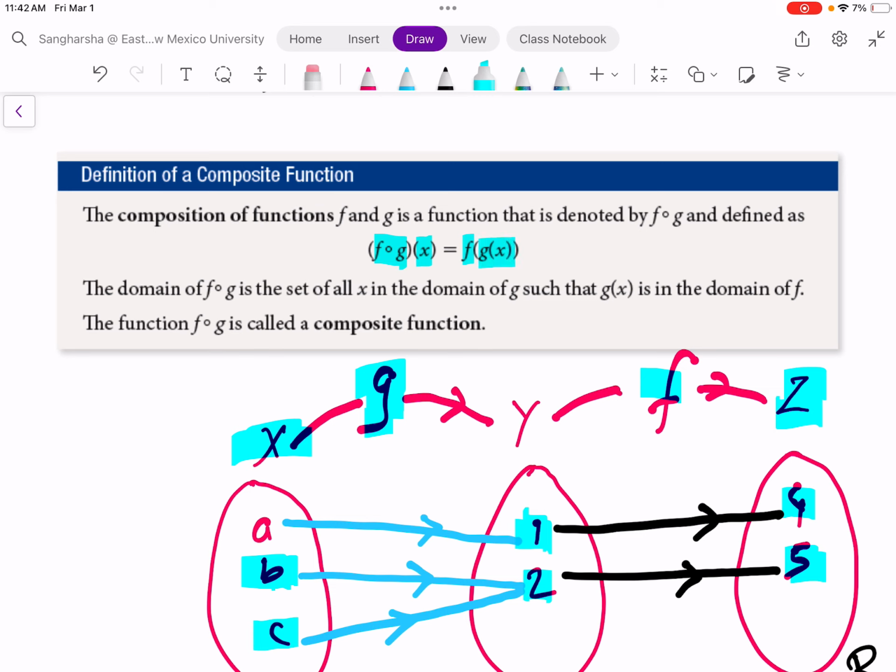Make sure you know how to read it. Every time you are asked to find f composite g of x, you write down f of g of x. So this is the definition.